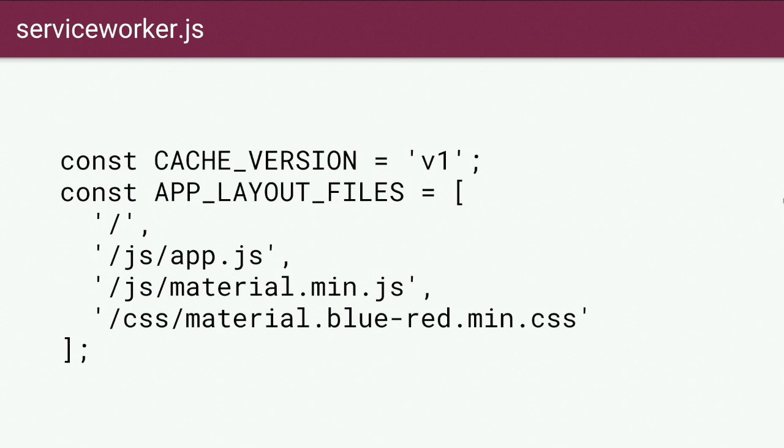So this code is just showing you a real simple implementation. Implementation, that's the word, of the pattern we were just discussing. So we have these basic files that we need just to display the initial UI. And these are actually just URLs that we will then tell the browser to do stuff with, and this all lives within the install event callback.